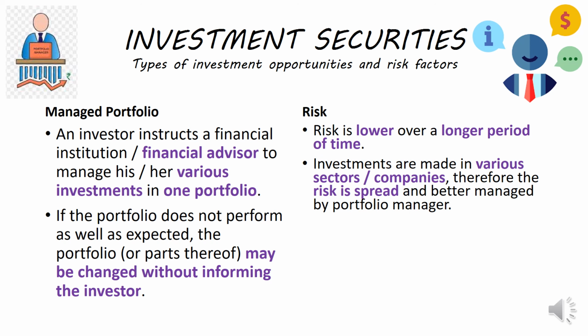You still have some money invested in a fixed deposit and some in government bonds. All right, so because you're making investments in different things, different companies, different sectors, different kinds of investments, the risk is spread. And if one of them goes south, obviously the others hopefully will still be okay.